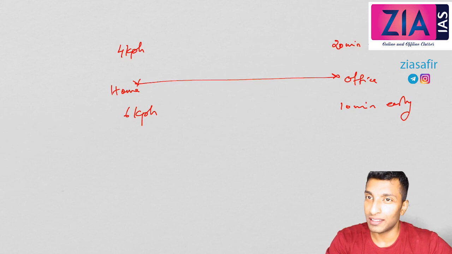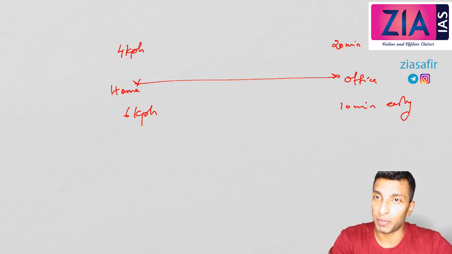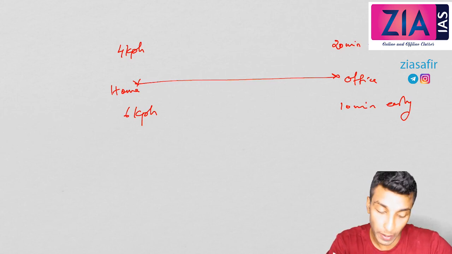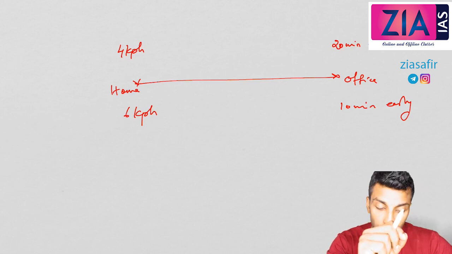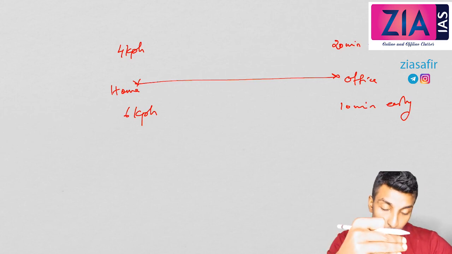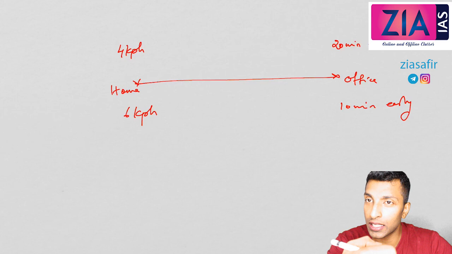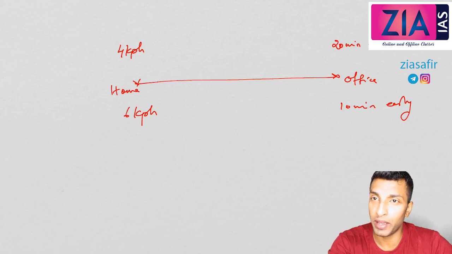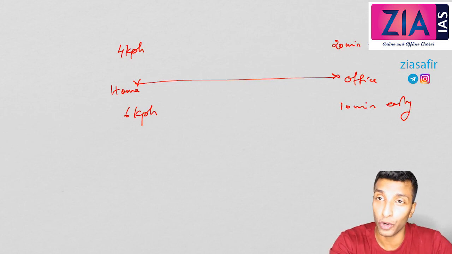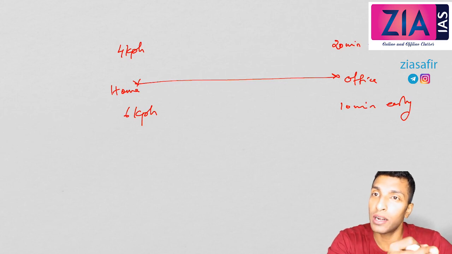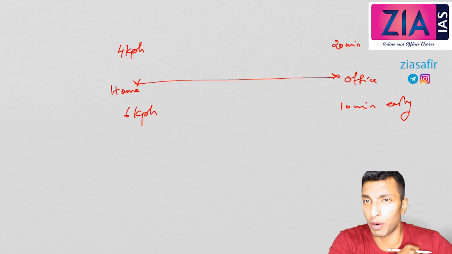You might have seen this kind of question across your aptitude papers, and it is normally very difficult to solve, but I'll tell you how to solve it in a flash of seconds. If you reach 20 minutes late, you may miss your half day attendance or get fired, so you increase the speed and reach early. Reaching early is not a problem.